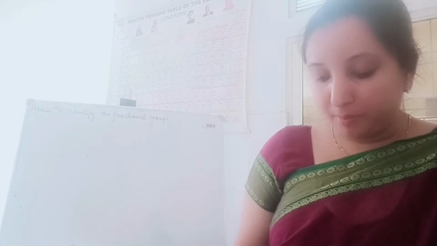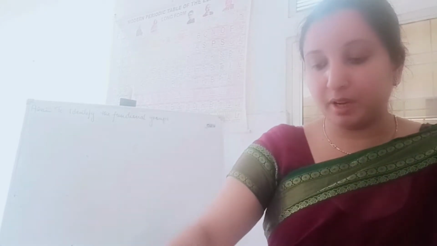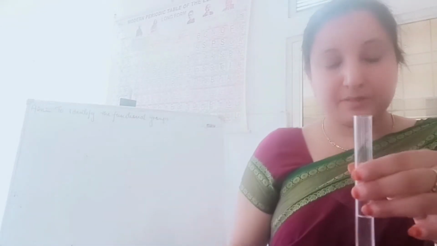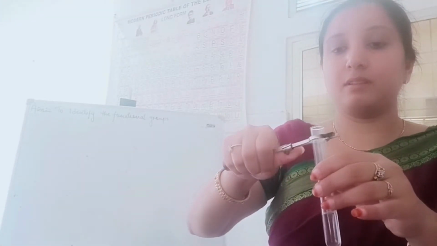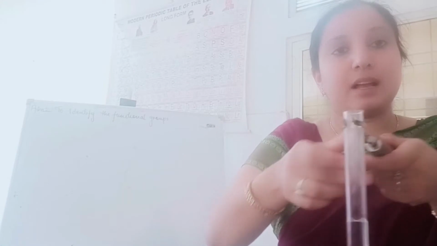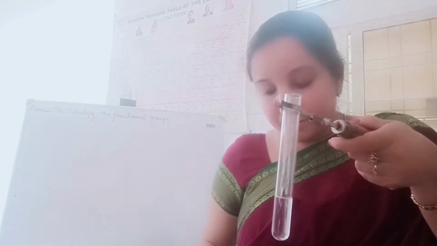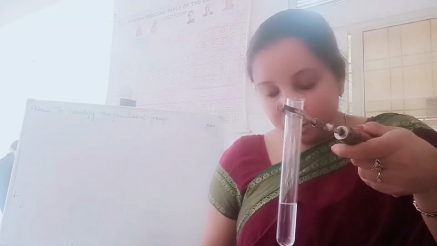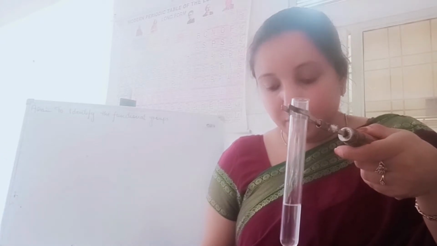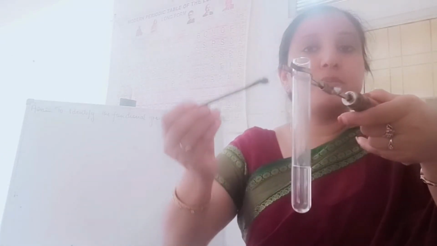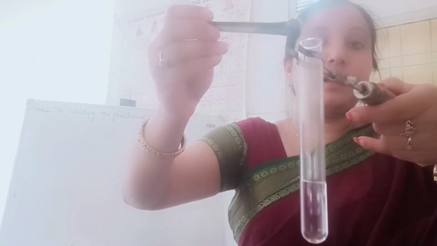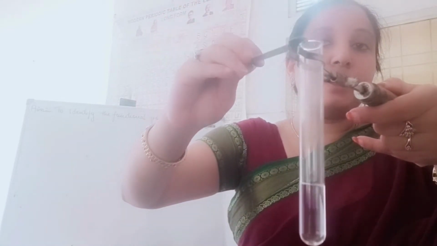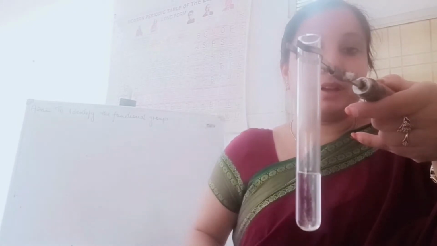Now for performing the test, we have taken an alcohol. In this alcohol I am just going to add the sodium metal. On the addition of sodium metal, you will observe the evolution of hydrogen gas, so kindly observe it very carefully.